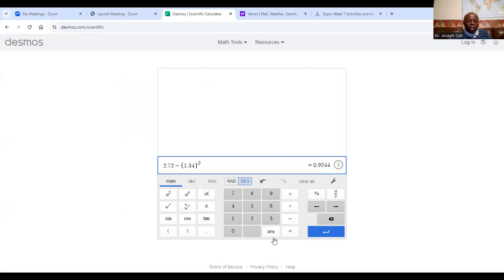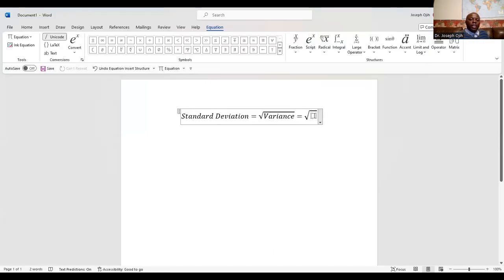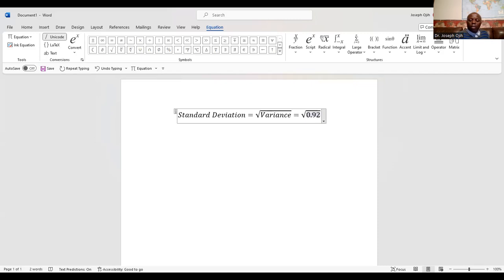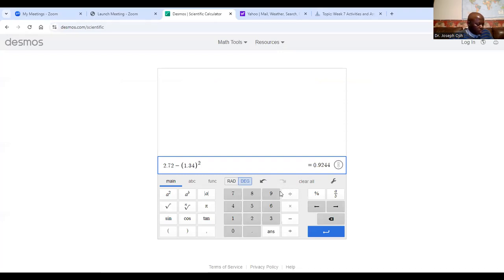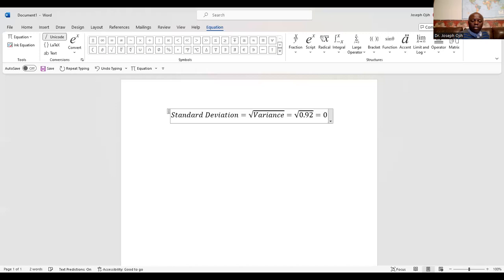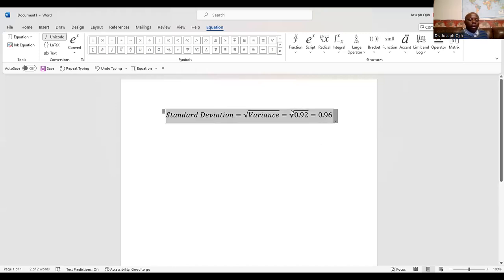Square root of 0.92 gives us 0.96. So that becomes our standard deviation.